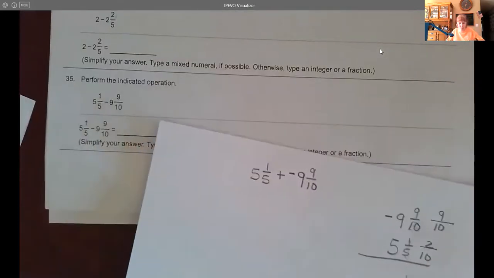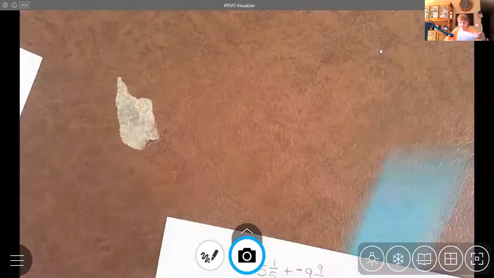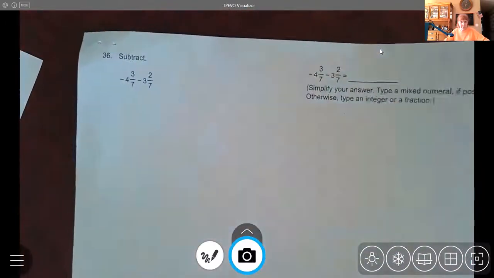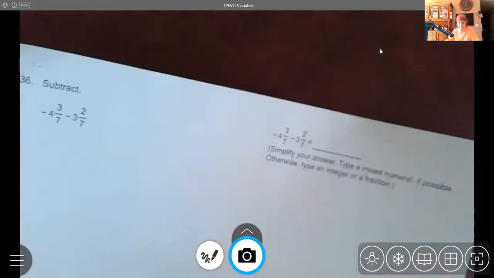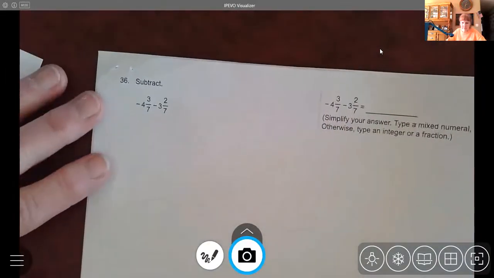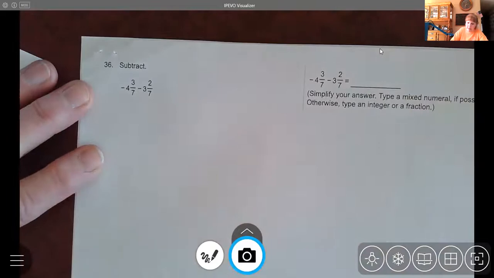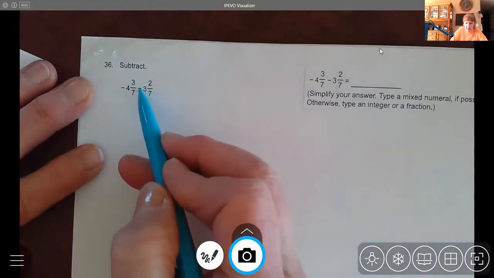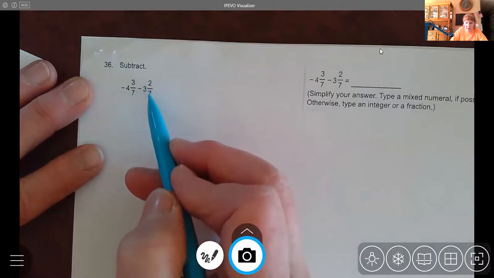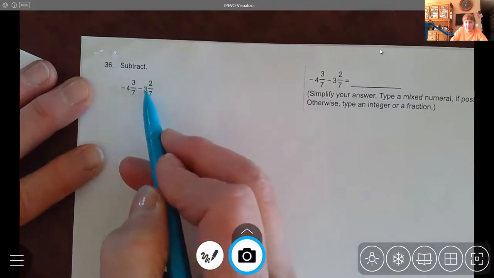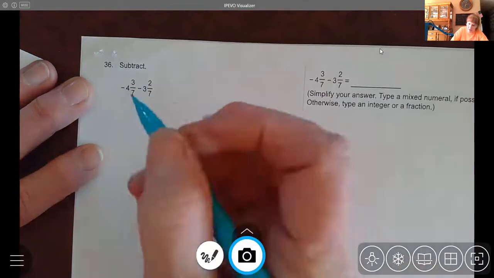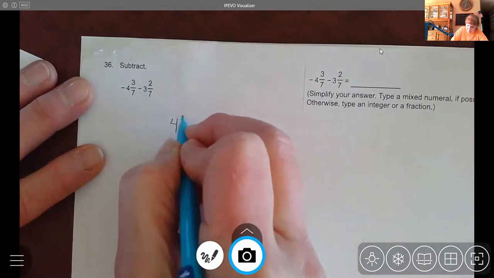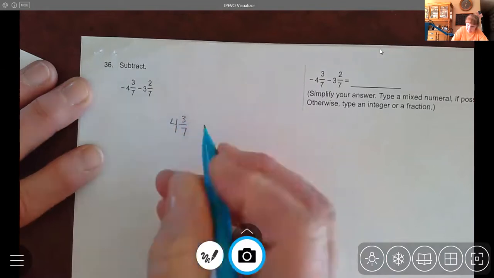And that's our last one, number 36. I have a -4 and 3/7 and a -3 and 2/7. So both of these are negative. So I will put the larger one first on top.